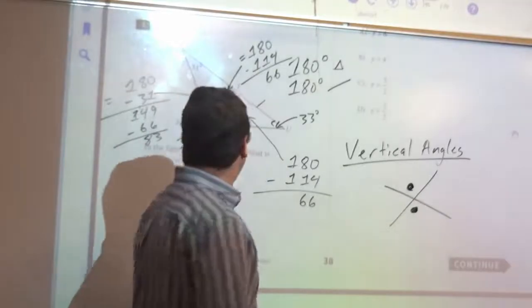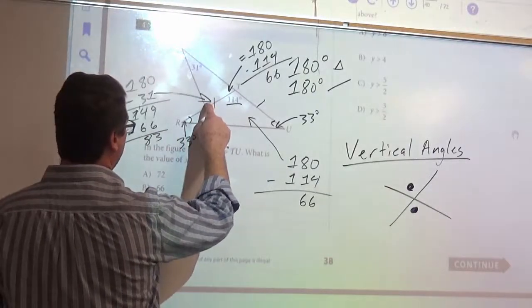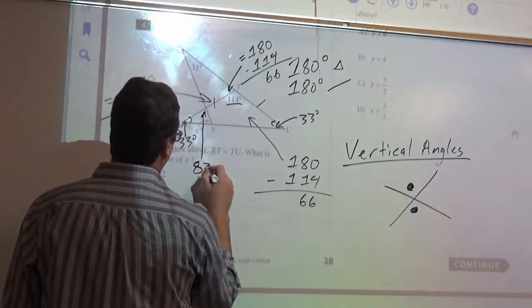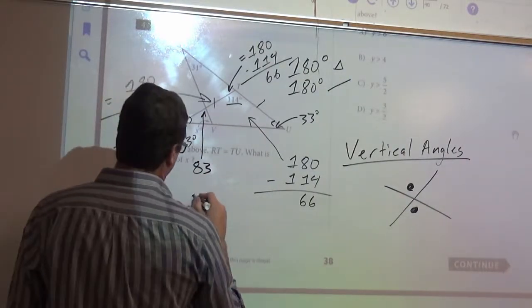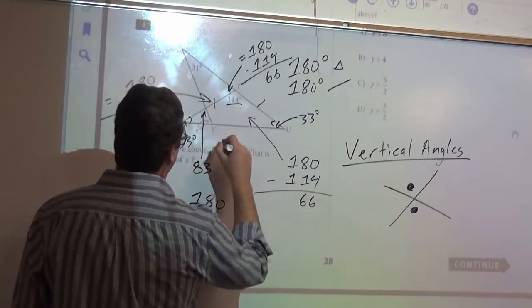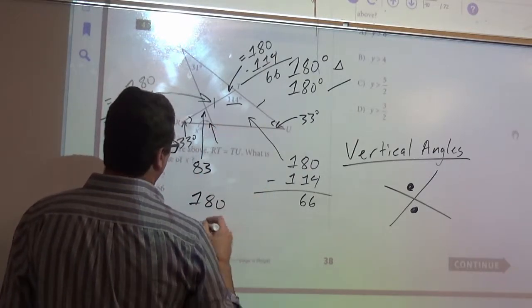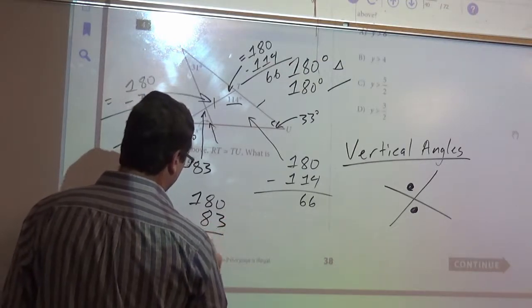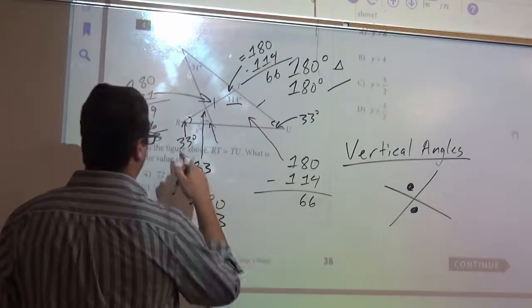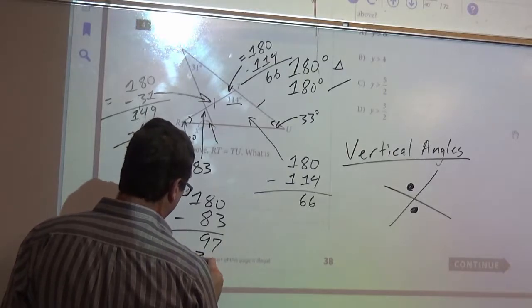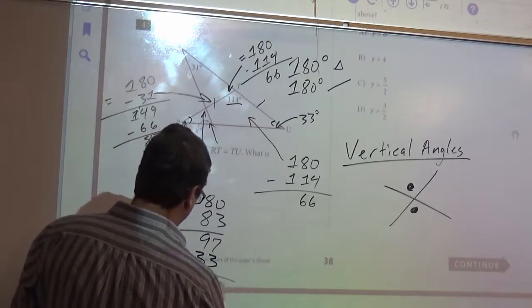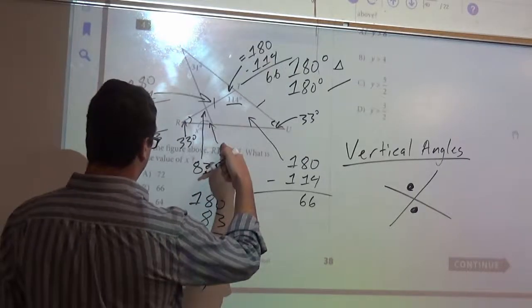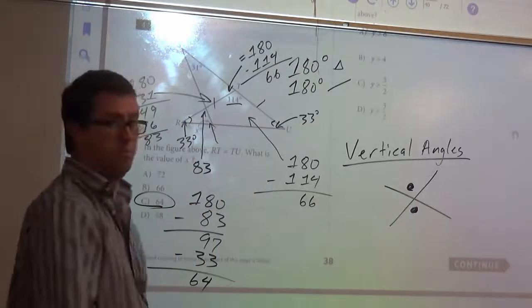The reason that's helpful is because we figured out what this angle is, so that means this angle is 83. So now, to figure out this angle, it's going to be 180 minus 83 minus the 33, so x is going to be 64.